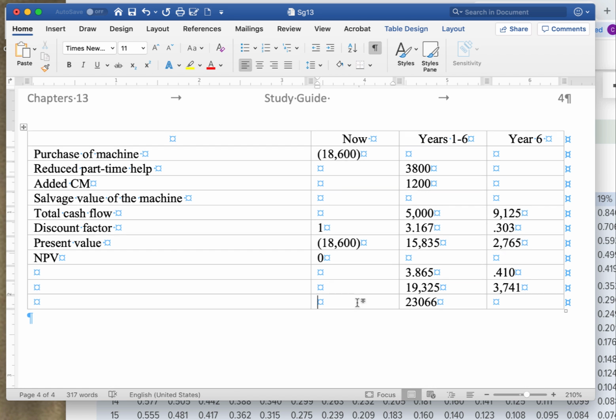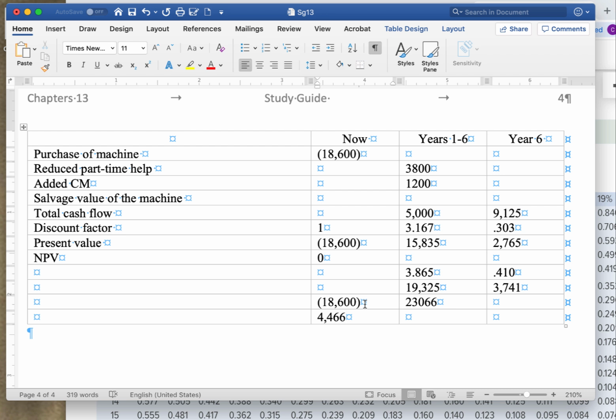Well, from that I need to subtract out $18,600. I see that my NPV in this example is $4,466.